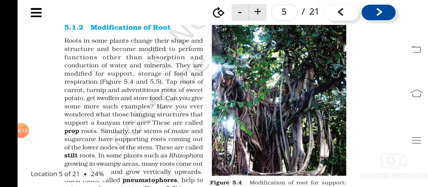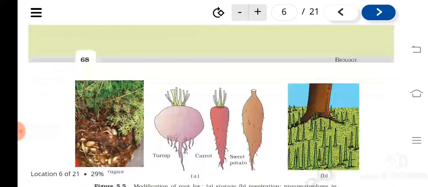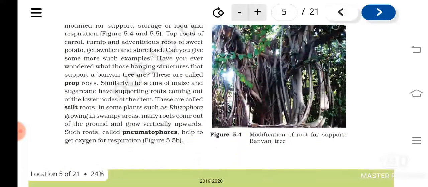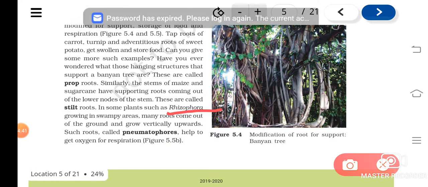These are found in the banyan tree. And in sugar cane, you can see small roots arising from the nodes that also help in support, and that kind of roots are known as stilt roots. Then Rhizophora, a type of mangrove plant.